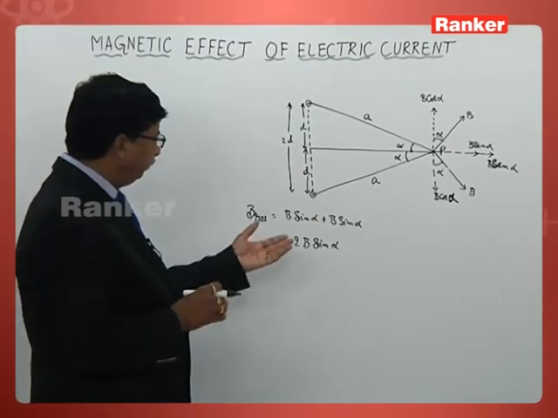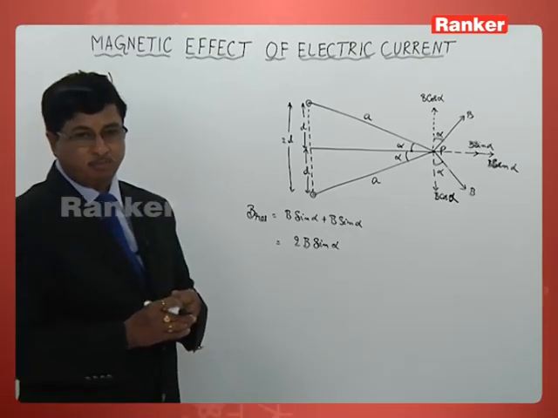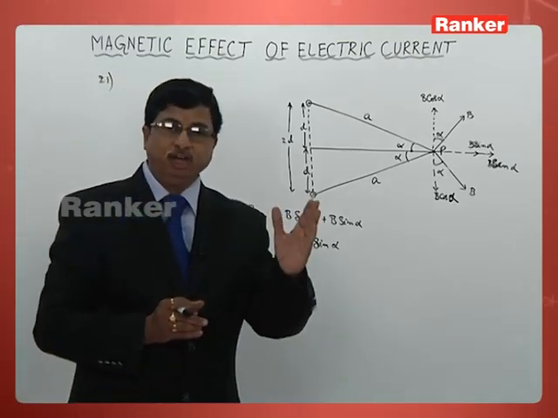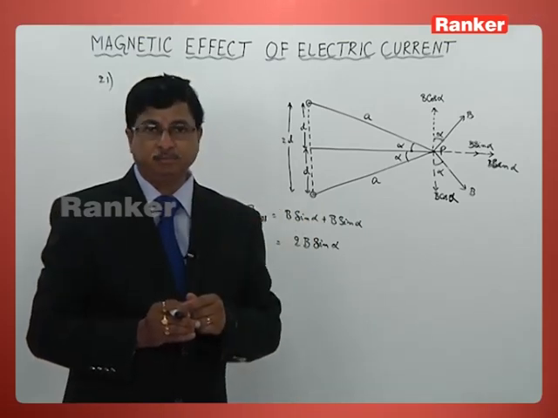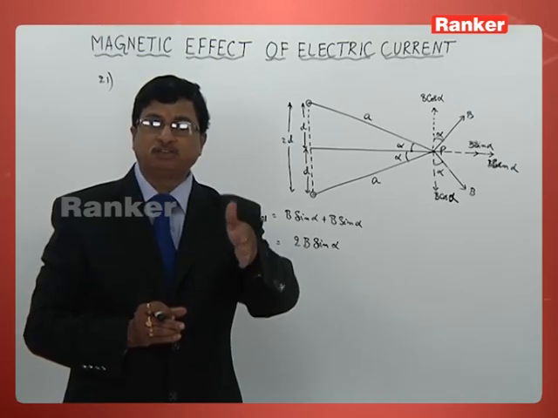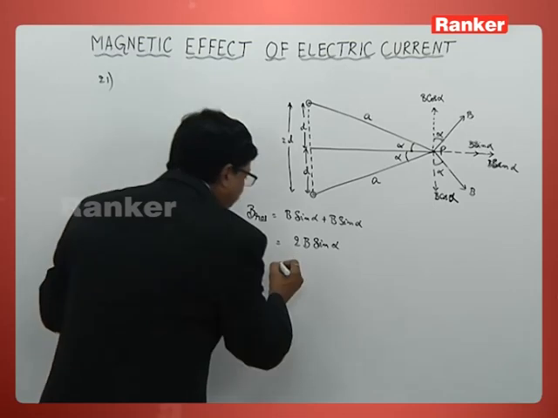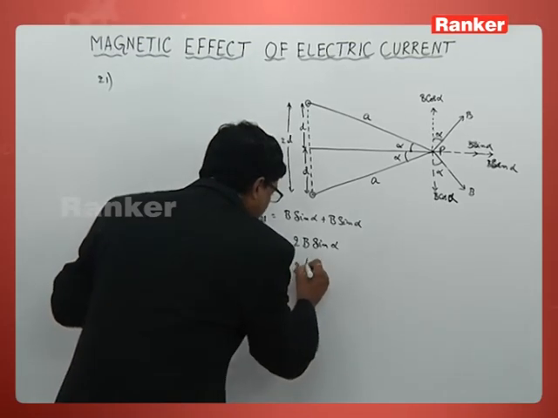But in reality, we all know very well the magnetic induction due to a straight conductor carrying a current at a point which is at a distance A. So what will be the formula there? You can now write this one twice.